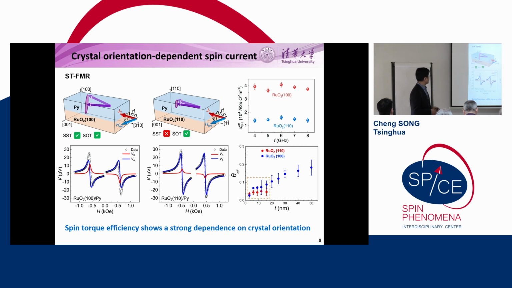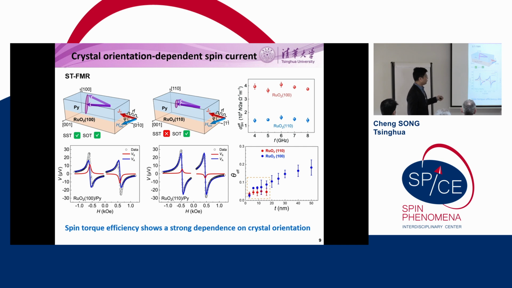Then we measure the spin torque FMR combining ruthenium oxide and permalloy. This sample is permalloy with the ruthenium oxide 100 sample. It combines spin splitting torque and spin orbit torque. But for the control sample, the ruthenium oxide 110 direction, there is only traditional spin orbit torque.